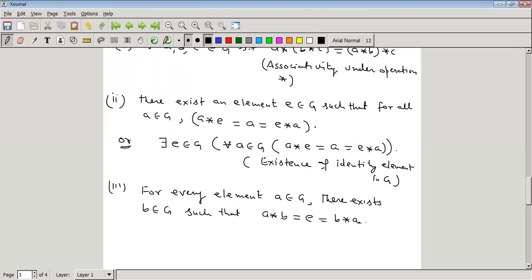So we prove that B is the inverse of A under the binary operation star.